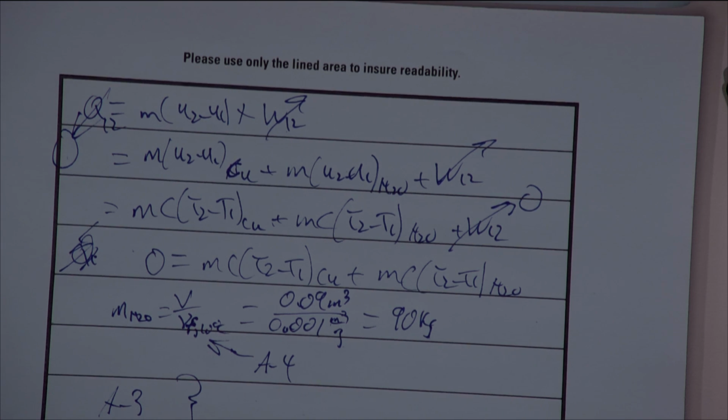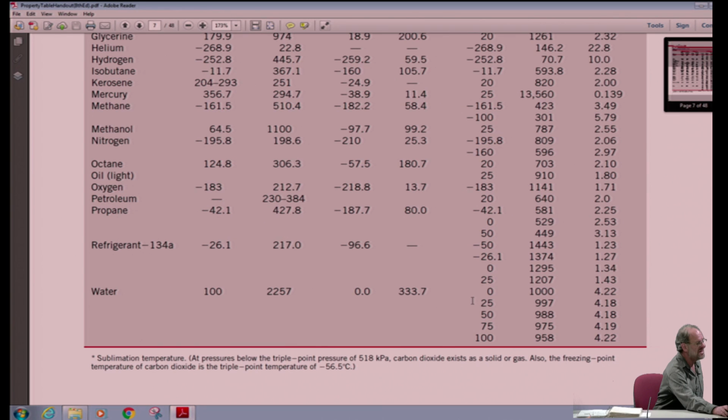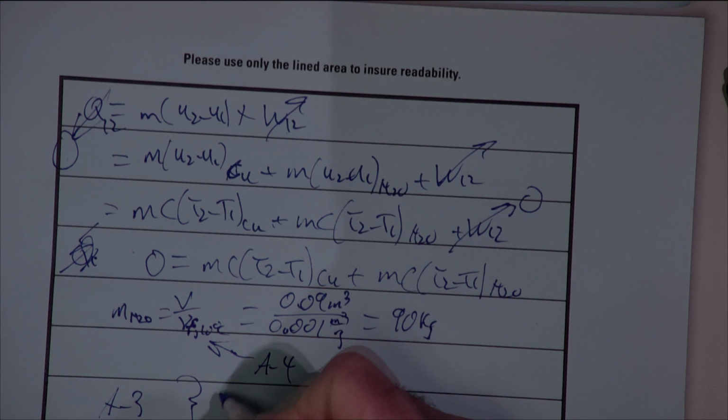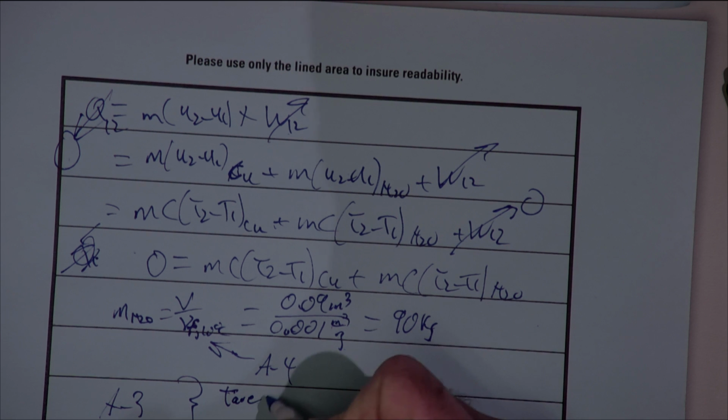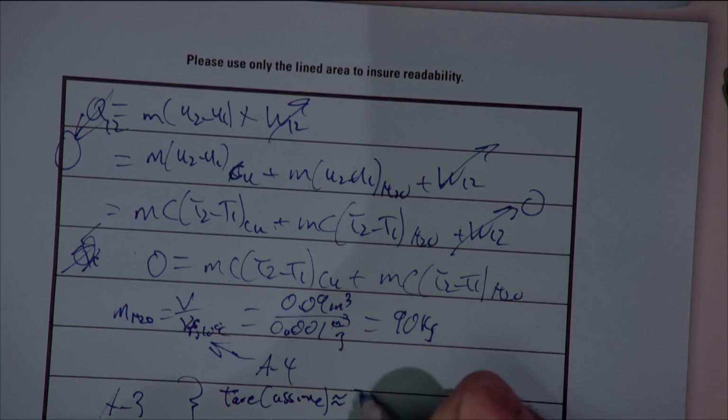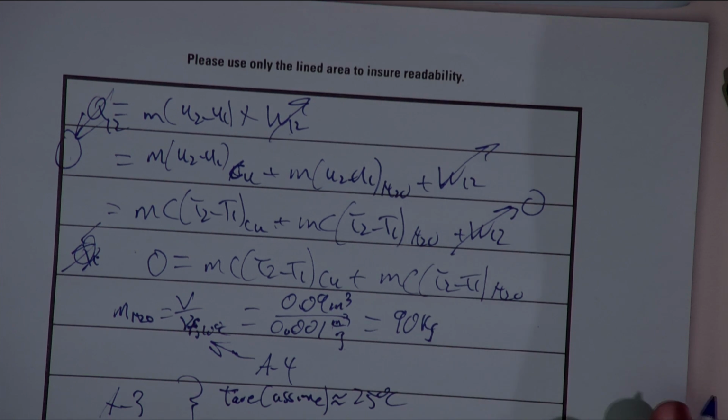Although if we look at the numbers, we're going to be at about 4.19 or so at 10 degrees Celsius. And it's not going to change much. It's going to be 4.18 all the way up over 50, and then it's going to go back to about 4.19. I think I'm still going to be in that general range. So why don't I just assume that the average temperature, and again, I have to assume this because I just don't know it, is somewhere around 25 degrees Celsius.